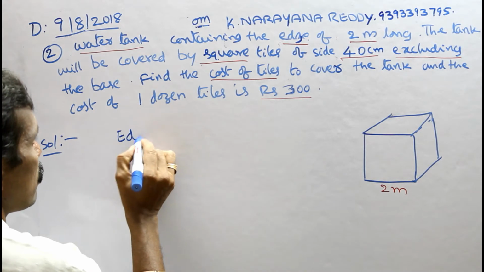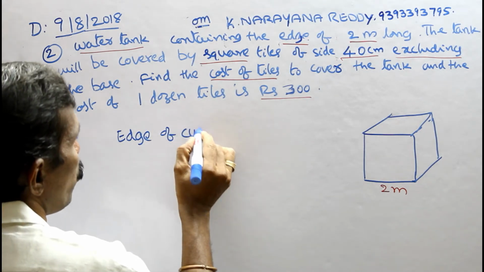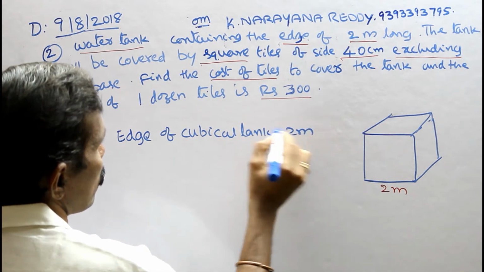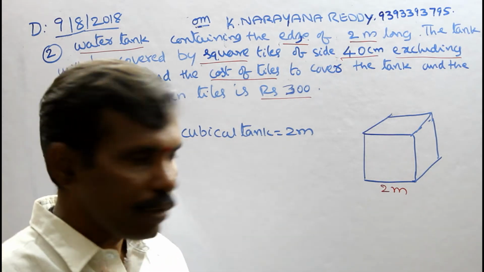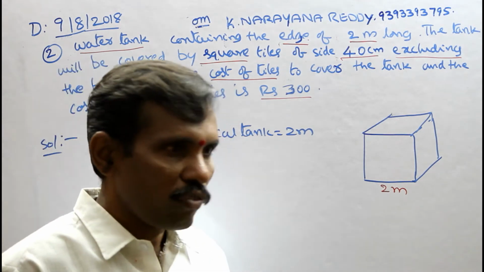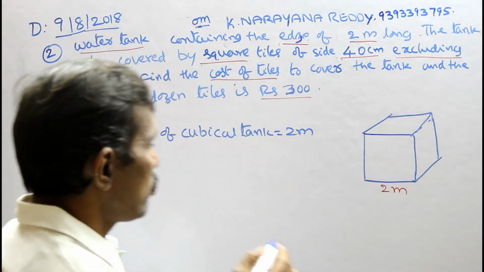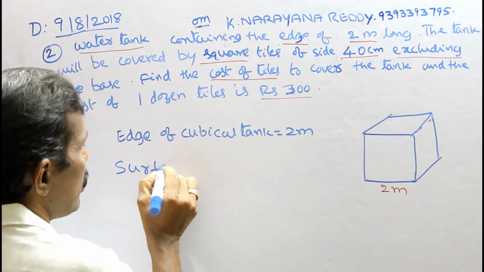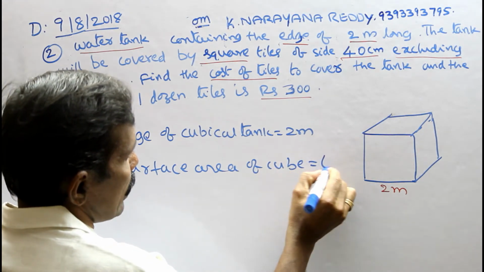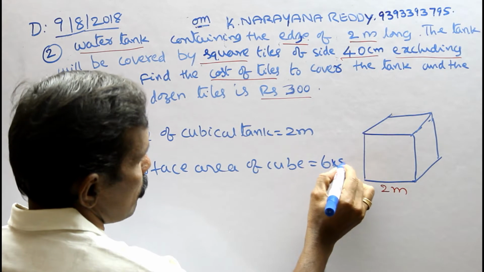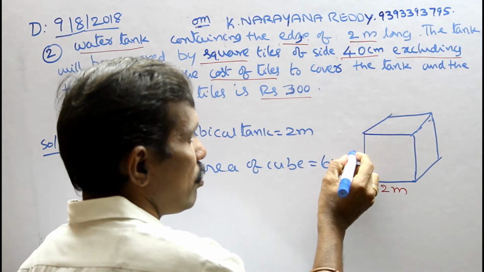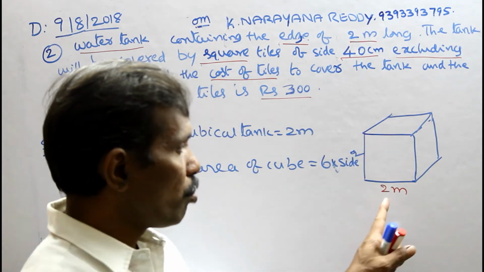Now what is the surface area of a cube? Surface area of cube equals 6a square, 6 into side square. What is the side now? 2 meter side.